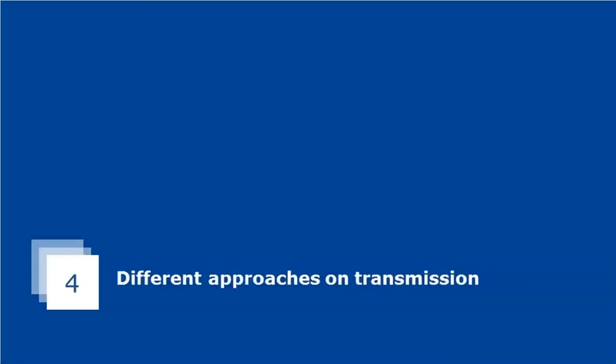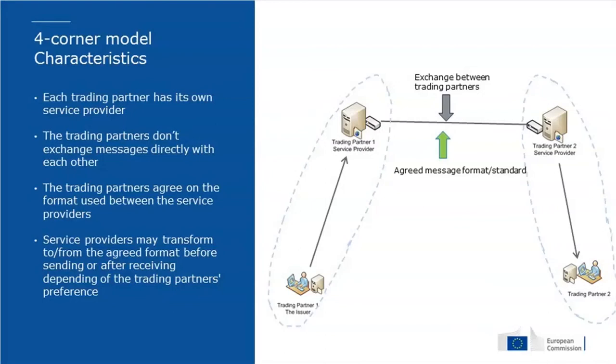So I'm just going on here, talking a little bit about the transmission of invoices. We had the four-corner model. Some characteristics of this is that the buyer and the seller are free to choose the service provider that they prefer, and the service providers have some kind of collaboration agreement so they can communicate with each other.